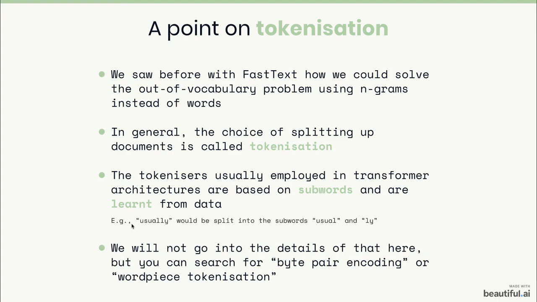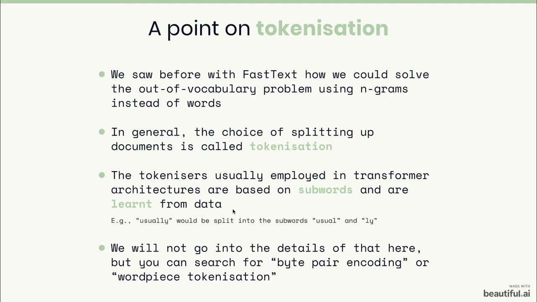I have an example here where the word usually would be split into the subwords usual and ly. The reason for this is that if you can get a really good representation of ly, you can suddenly attach ly to many different words and preserve the same meaning, rather than having to relearn it for every ly, every adverb almost in English that you would come across. So it's about efficiency as well.